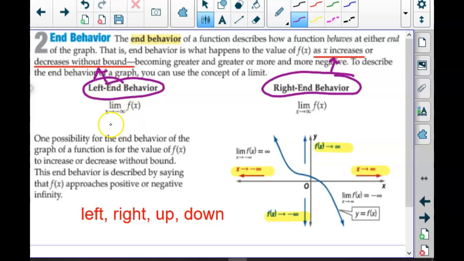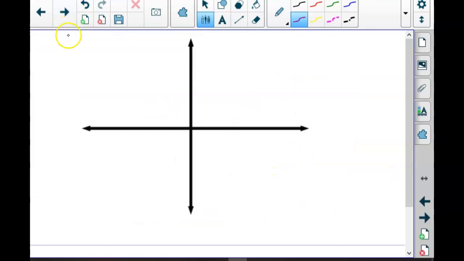Now, our textbook that we're not using really uses limits to describe this, but we're going to stay away from limits until calculus. So I'm going to skip the rest of this slide. If you have any room that you can write this down, this will help some of you who really struggle with end behavior.